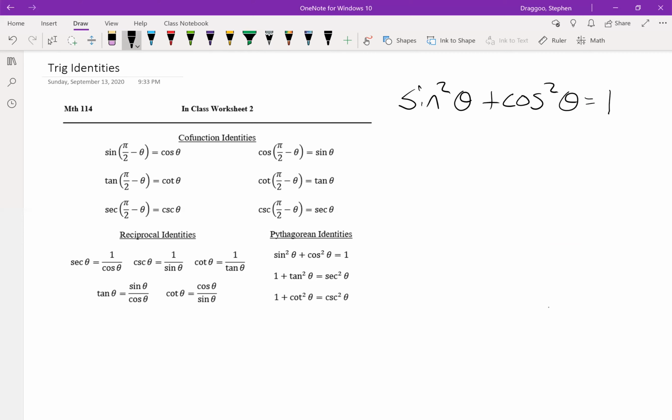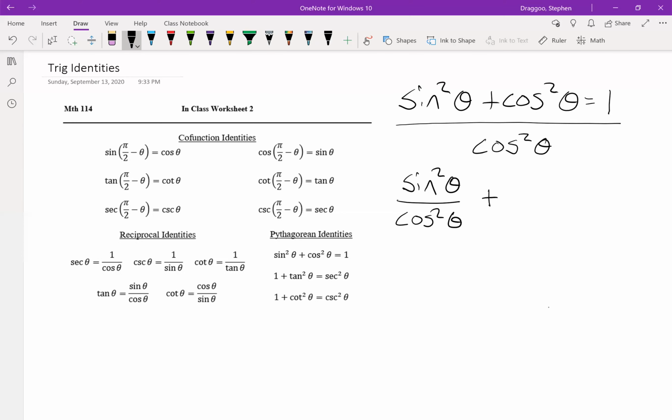To get the other two Pythagorean identities, I'm going to do something similar to dividing away c squared. But this time, instead of c squared, I'm going to divide both sides of my equation by cosine squared, giving me sine squared theta over cosine squared theta plus cosine squared theta over cosine squared theta equals 1 over cosine squared theta.